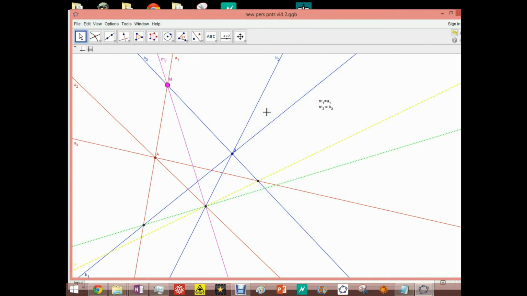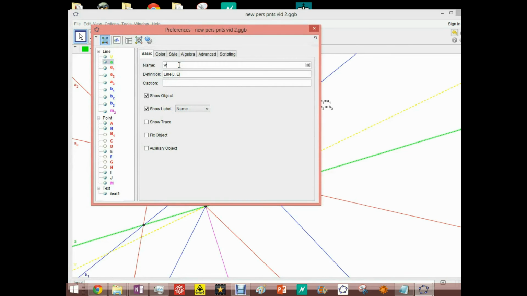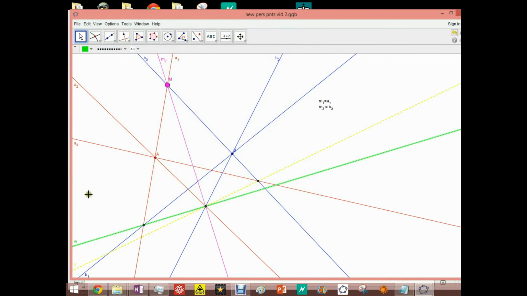Okay, so now we've basically done our perspective from A to M. All that remains is to use this green line, which I thought was called W. Yes, so we use this green line to do a perspectivity from M onto the blue line.